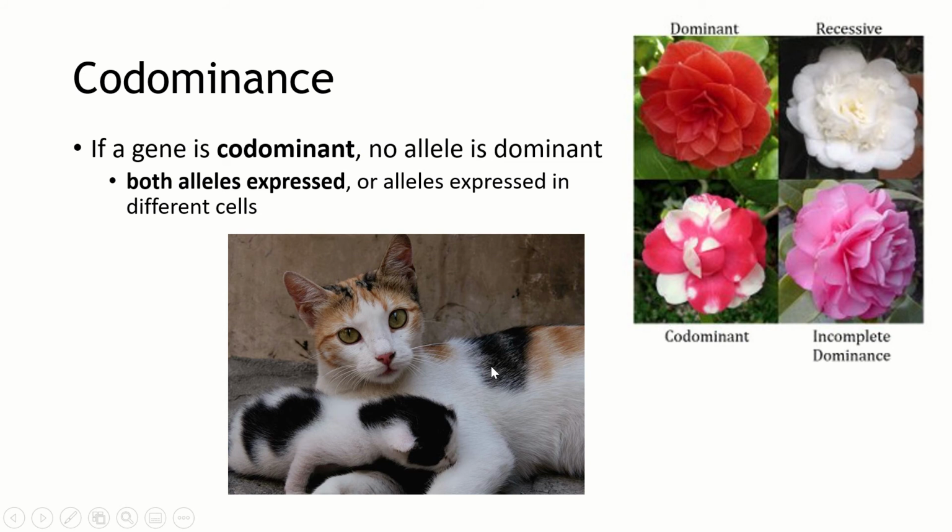Now you're going to ask me, why is it splotchy and why is there white? Well, there's another gene for whether the fur has color or not. In the areas where the gene for no color gets expressed, the cat is white. So in order for the black or the brown to be expressed, you have to have the other gene for color also being expressed. Like I said, complicated.